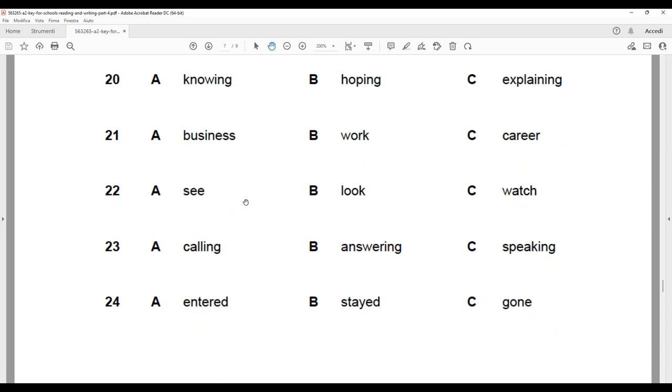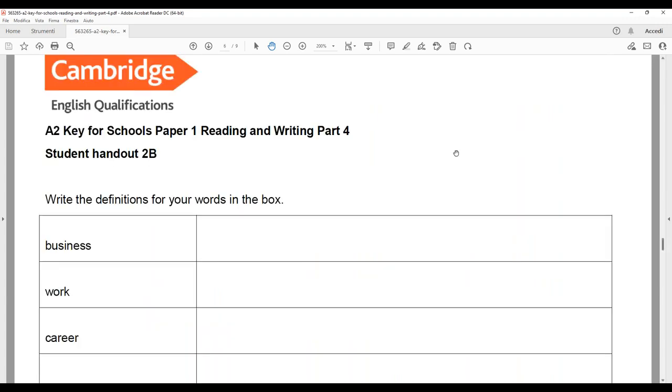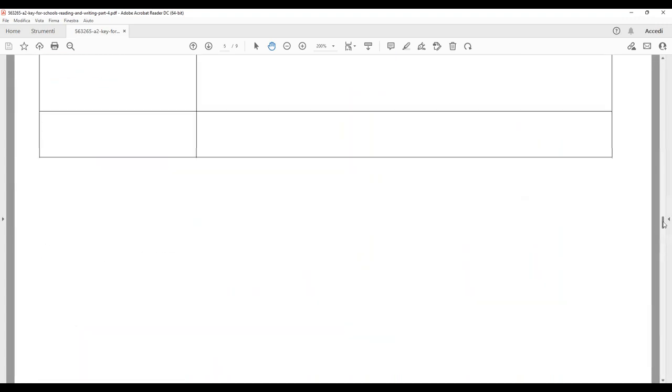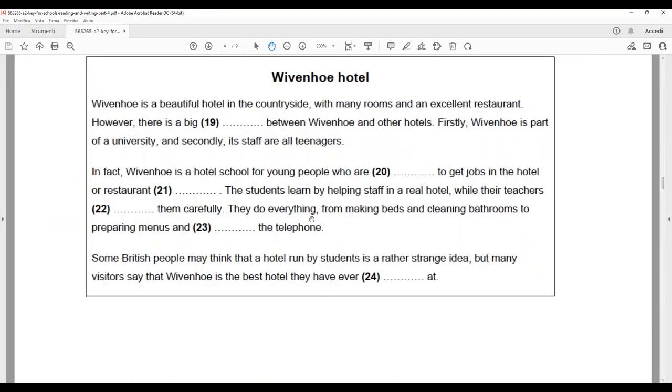I think the watch here is the correct one. While their teachers watch them carefully.